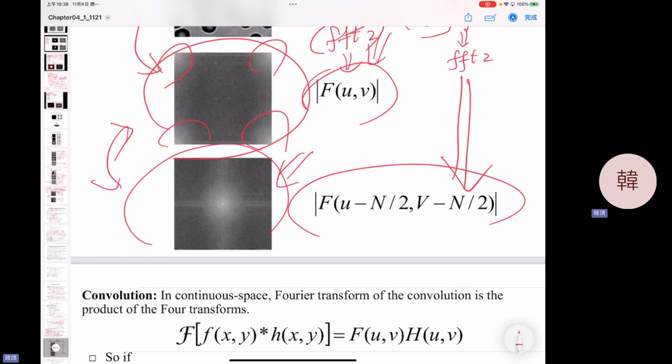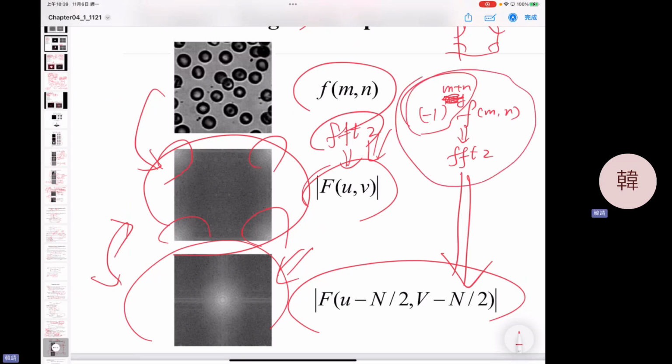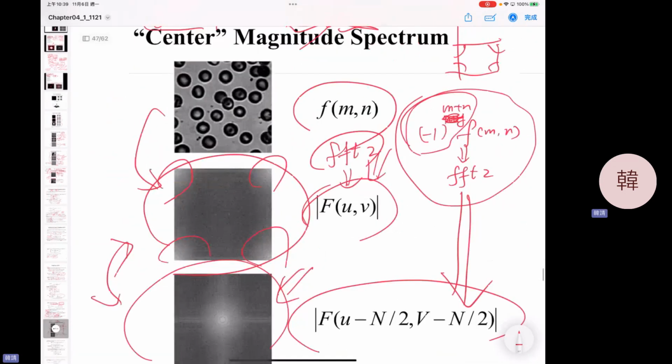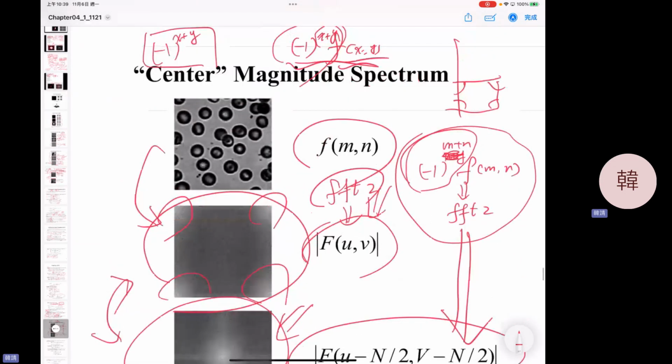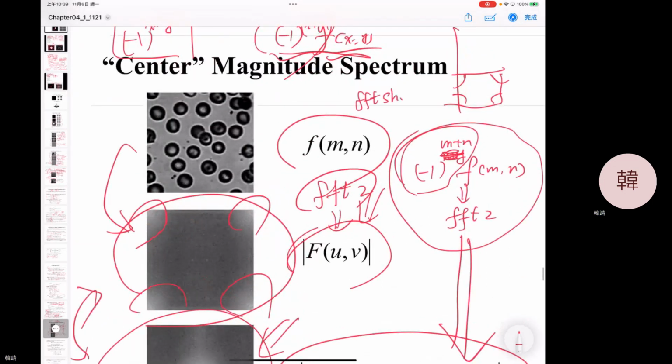So how do you do that? Remember, before you apply FFT2, you multiply by -1 to the power of m plus n. And in MATLAB, they already wrote this for you. We call it fftshift. If you apply fftshift to your image before the FFT2 transform, it does that multiplication.